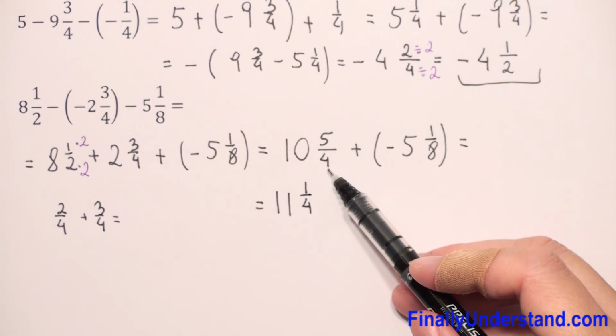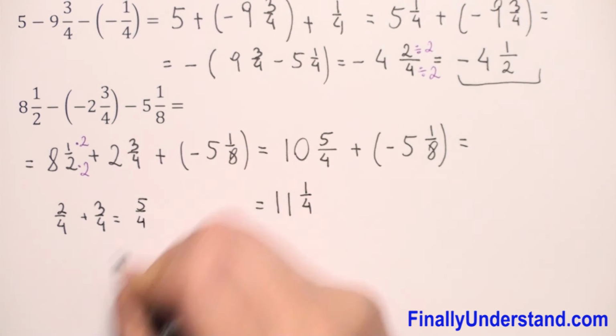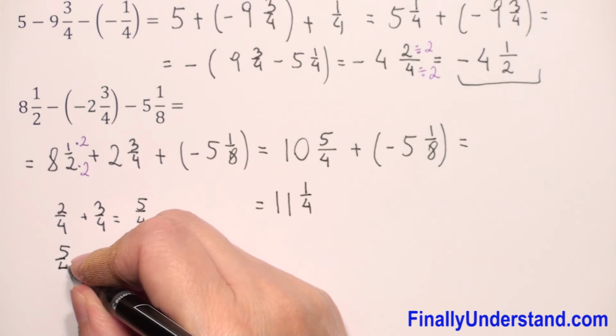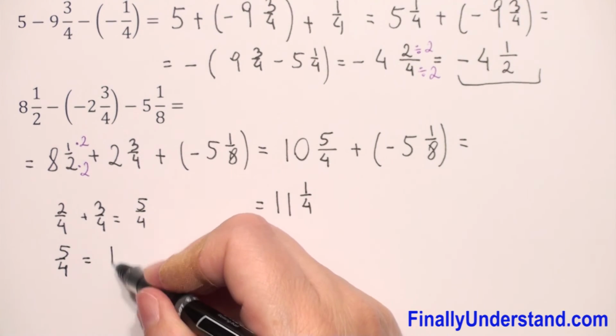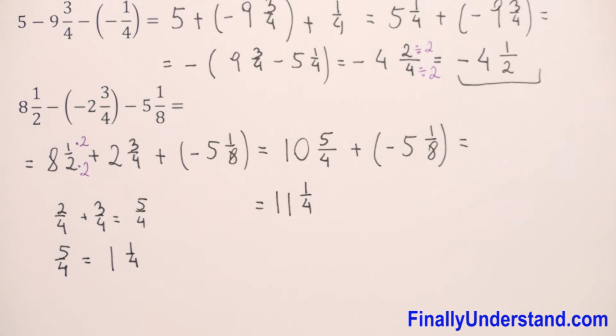We change 5 over 4 to mixed number. Let me write this maybe here. Here's 5 over 4. This is equal 1 and 1 over 4. I change improper fraction to mixed number. When we have mixed number, to check if left side is equal to the right side, we just multiply denominator times whole number and add numerator.